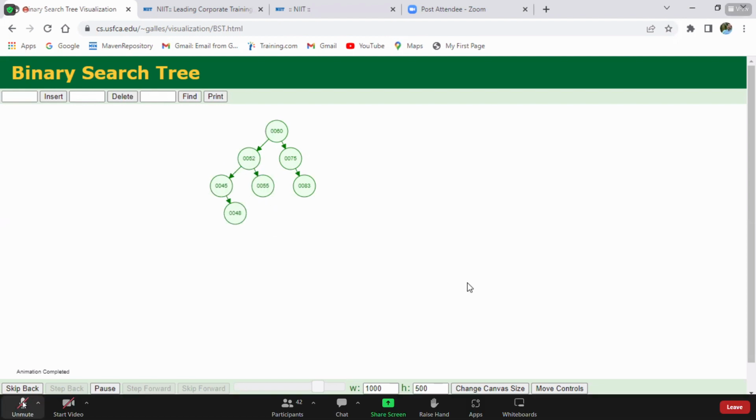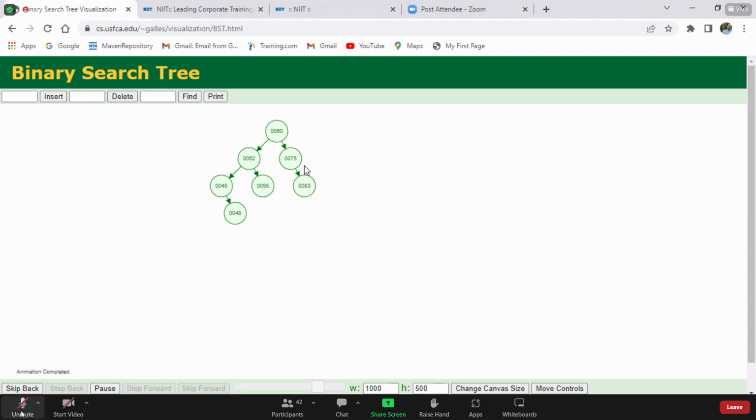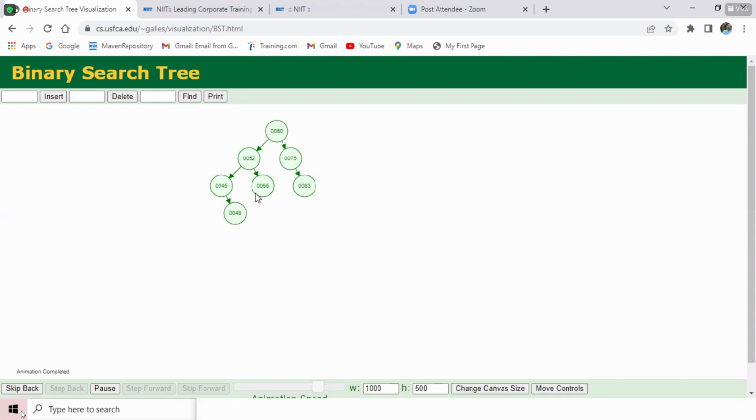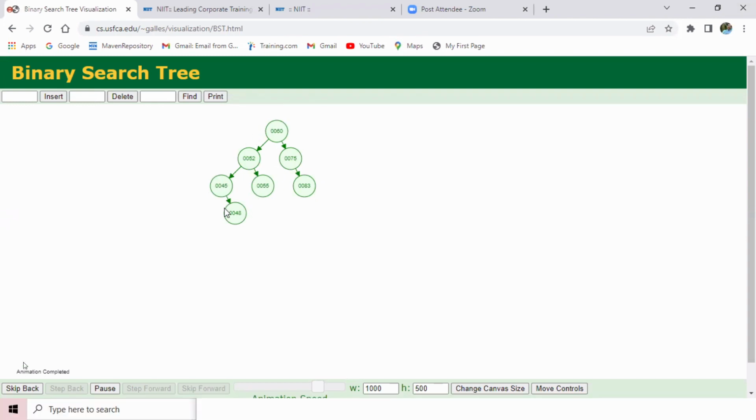Now, let's take this particular binary tree. I am going to delete a node called 83. If 83 gets deleted, hardly any connection gets disturbed, right? That is the thing I want to say.